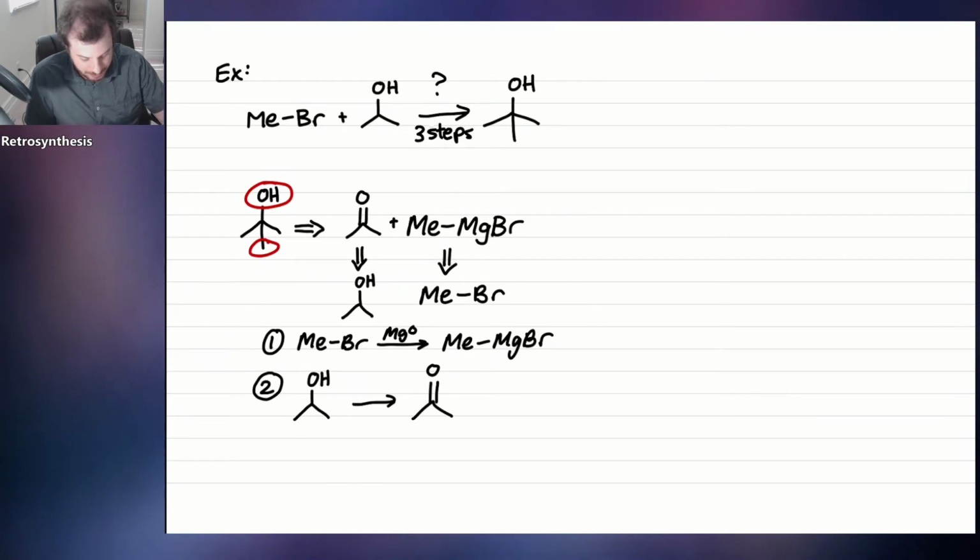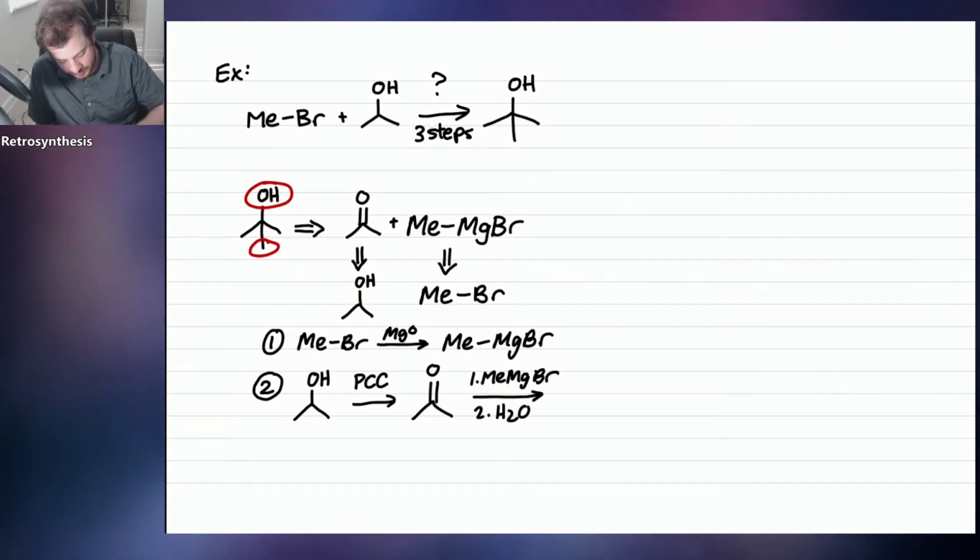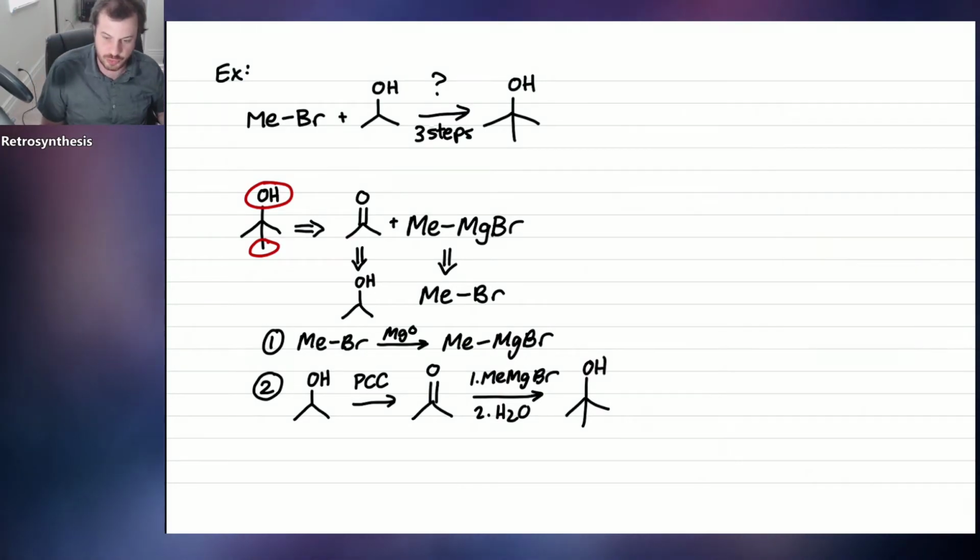Use a reagent like PCC. Then in the subsequent step, you would add step 1, methyl magnesium bromide, and step 2, H2O. That's going to add a methyl group to our ketone and turn it into an alcohol at the same time. And there we go. Our synthesis is done.